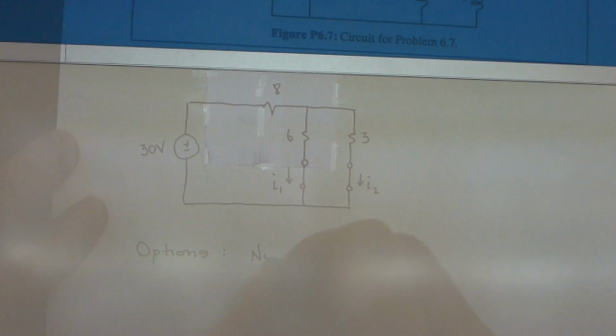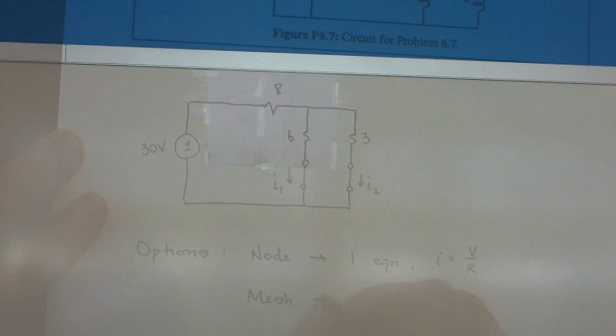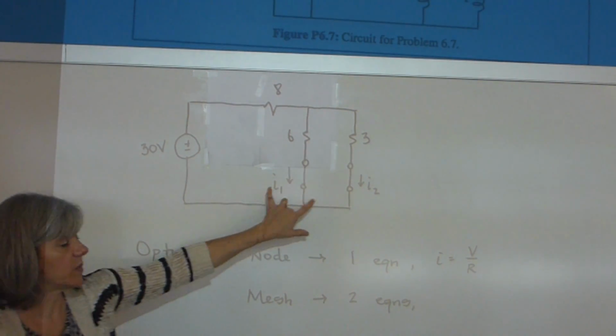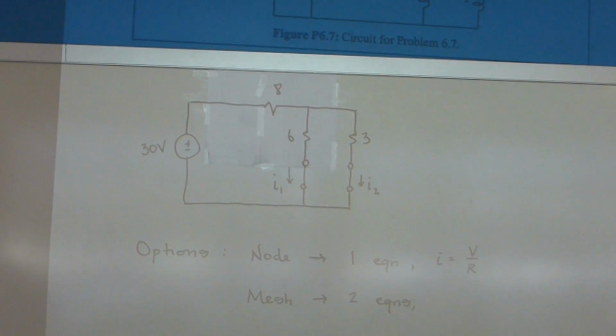I could do node, one equation, and then the currents are easy. Then I just use I equals V over R. So that's one option. I could do mesh. I'm going to have two equations. One of them, I sub 1, is going to be a combination of the two. I sub 2 will just be the single current, so that's not so bad.